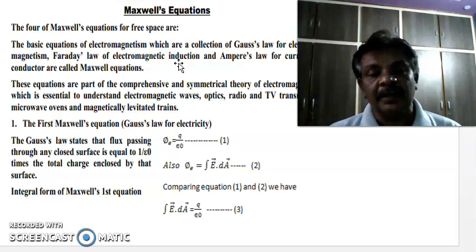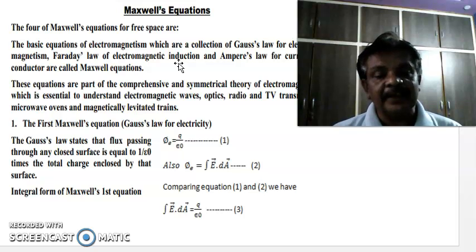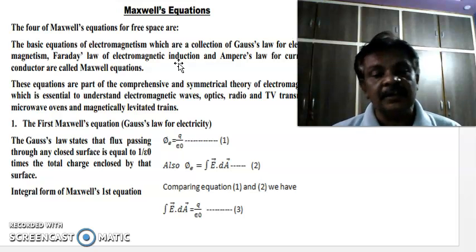Faraday's law gives how much magnetic induction is delivered. Ampere's law gives the amount of current generated with the magnetic field, the relation between electric and magnetic field. These Gauss laws, Faraday's law, Ampere's law together form the four important basic relations called Maxwell equations.